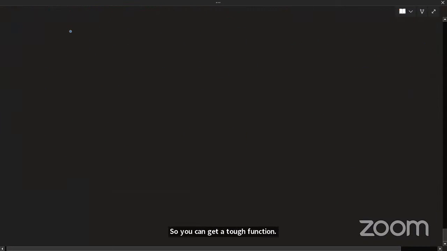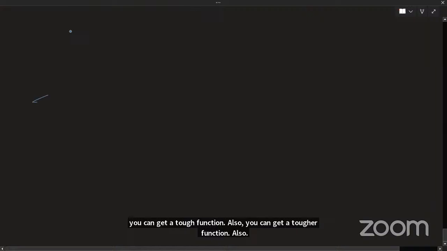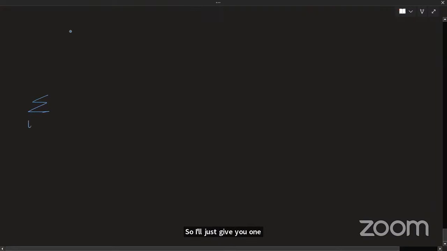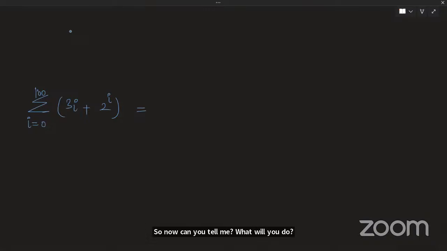I'll give you one more example for sigma. We have sigma i equal to 0 to 100 of 3i plus 2 raised to i. Now can you tell me what you will do?